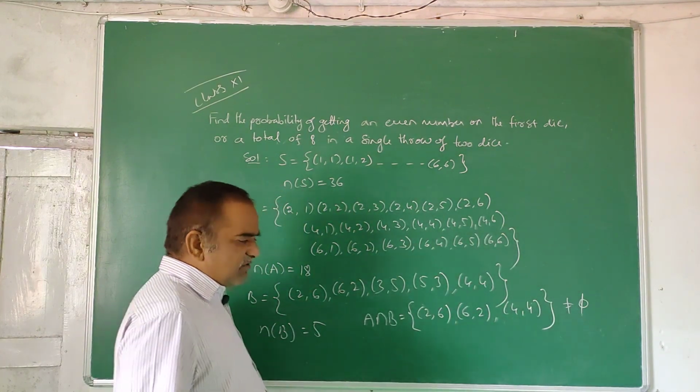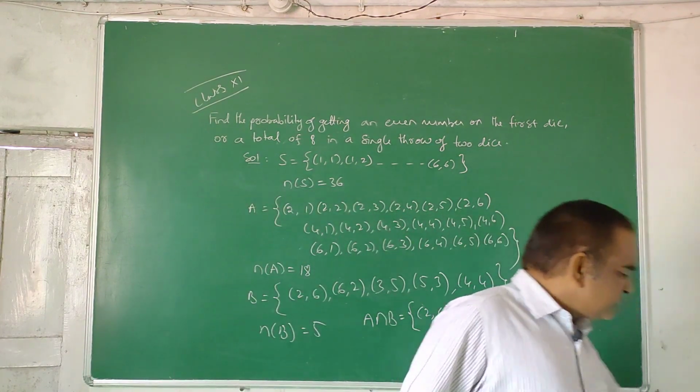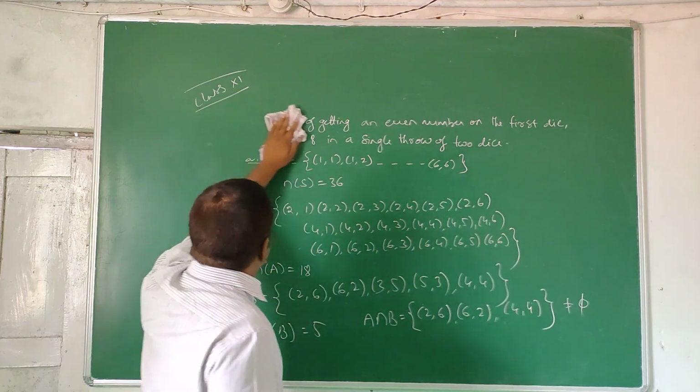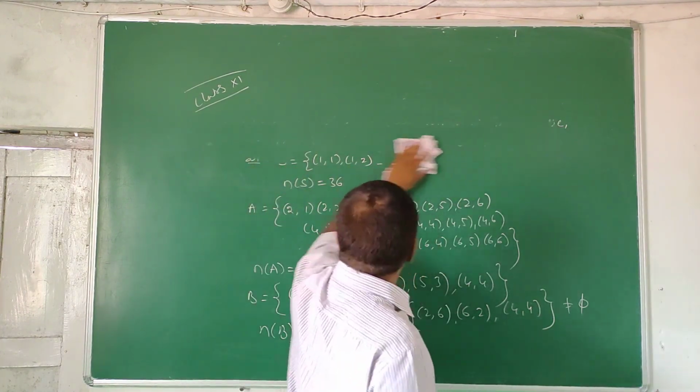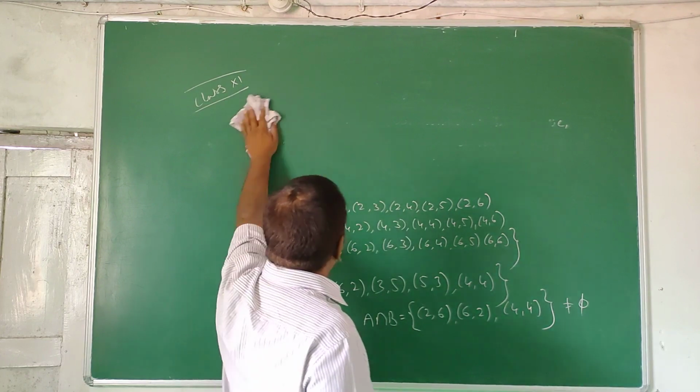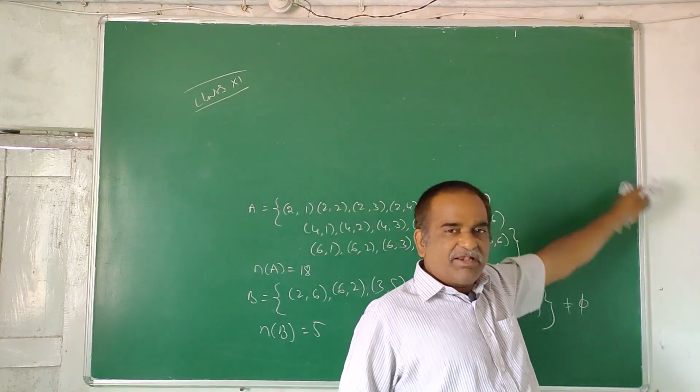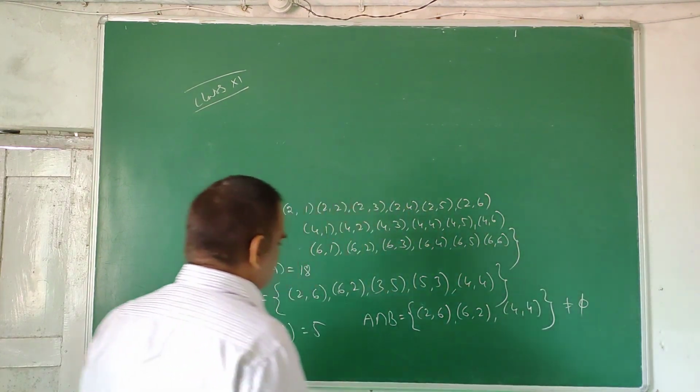Okay, so now the required probability: this or that, A or B, means A union B. I have given a table on that day.